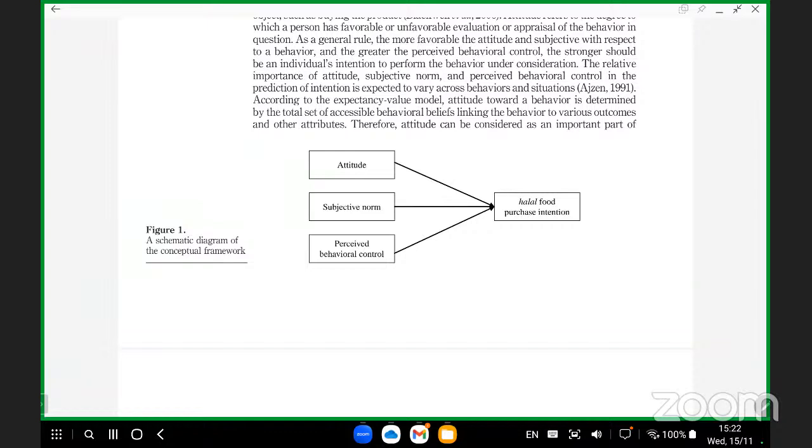Okay, jadi di sini untuk theory of planned behavior, this is the basic variable yang ada di dalam theory of planned behavior itu, yang mana mengandungi 3 variable sebagai independent variable and then 1 dependent variable.